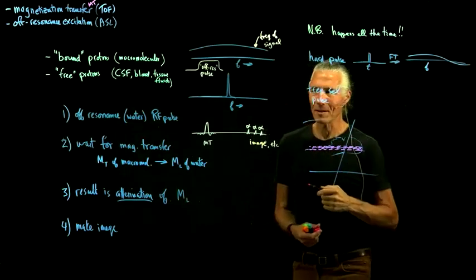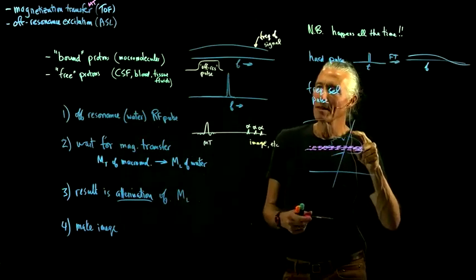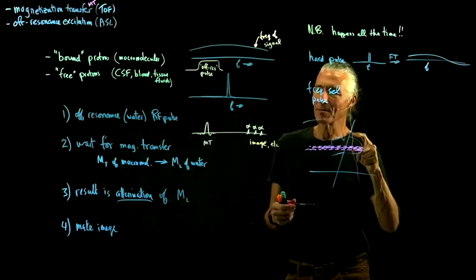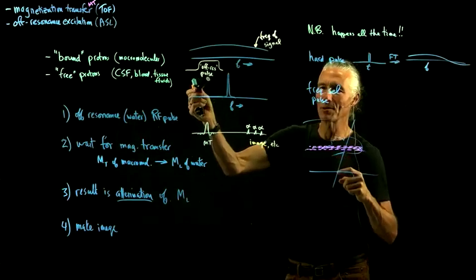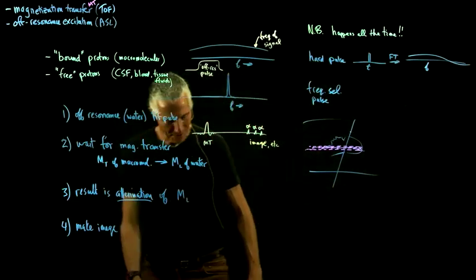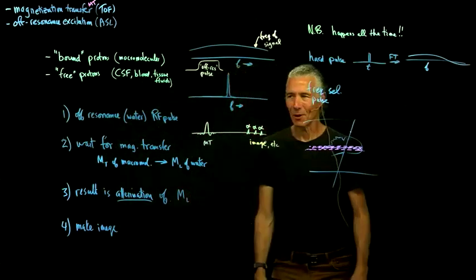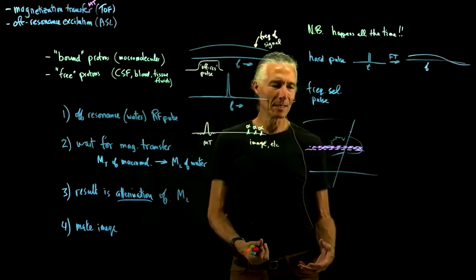Well, they're getting magnetization transfer because they essentially have a gradient that has changed the resonant frequency, and now we're giving a frequency selective pulse, which is an off-resonance pulse. So it turns out you can't avoid it. It's always happening a little bit, and so it's mixed in there in the image.